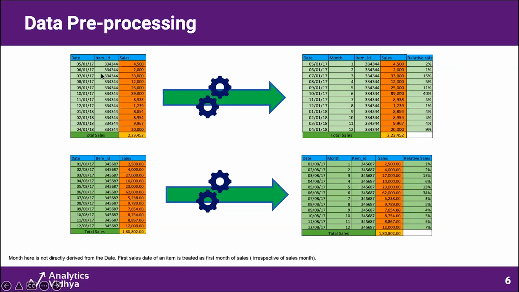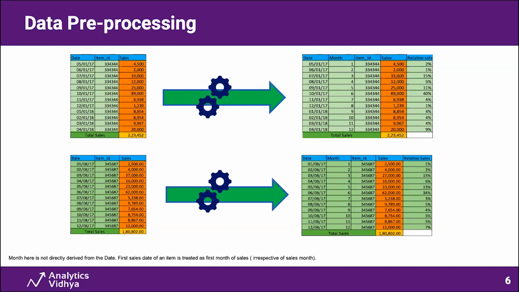Let's first see on the top left side how the sales data looks. You have three features basically: one is date, other is item ID, and then you have sales. Let's say 334344 is the item ID, which in industry is also known as SKU.